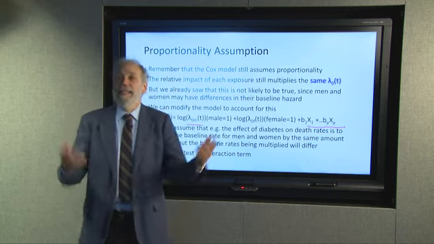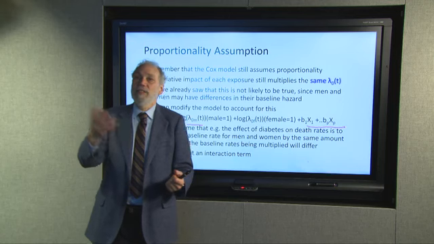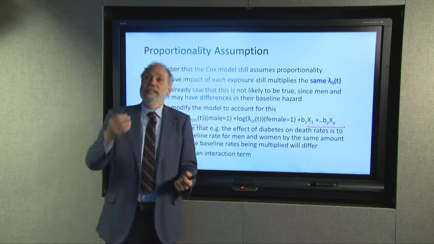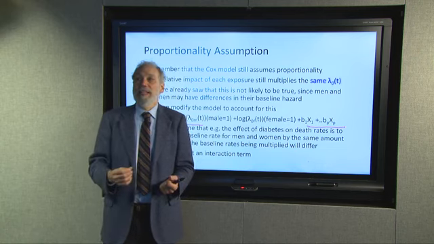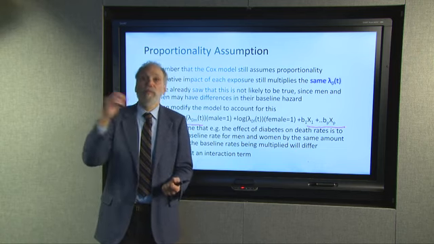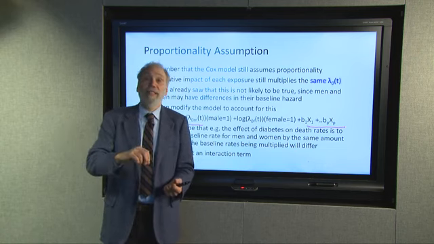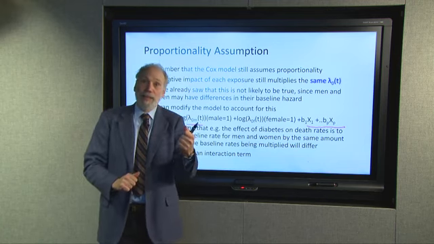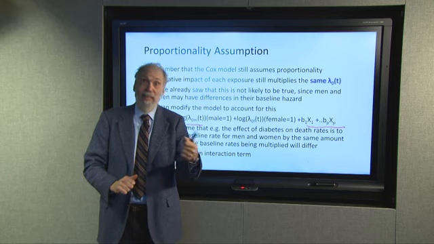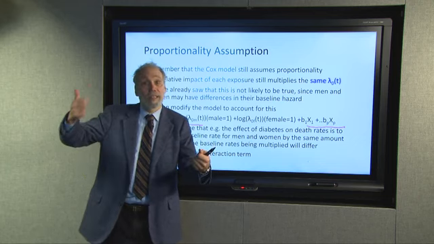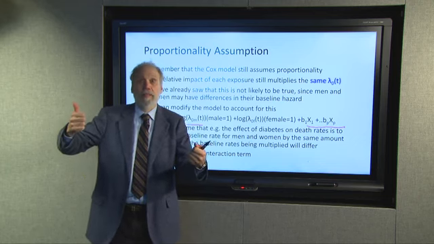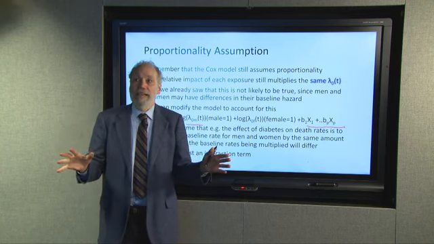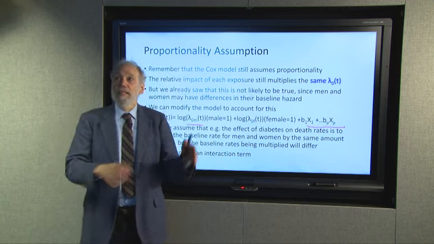Again, let's say diabetes increases your risk of dying by 1.15, then I take 1.15 times the risk in men and 1.15 times the risk in women, but that baseline risk in men that gets multiplied by 1.15 can be a different number than the one in women. Okay? So that's how we deal with the lack of proportionality.